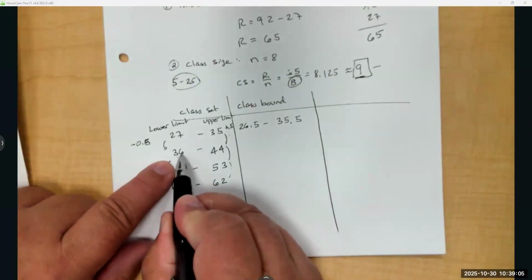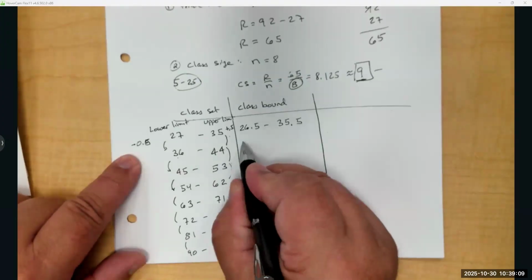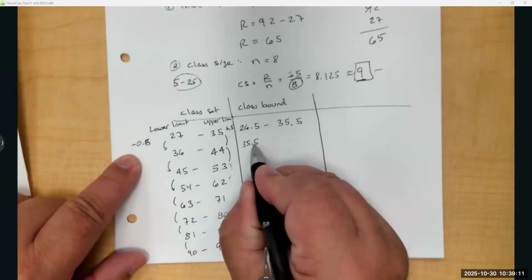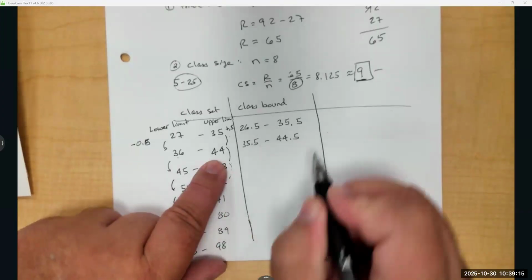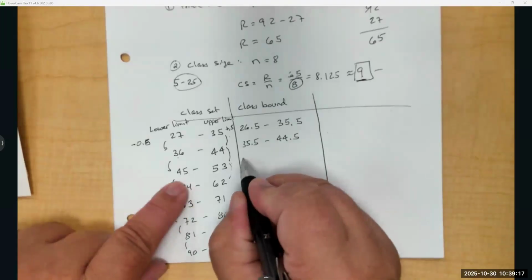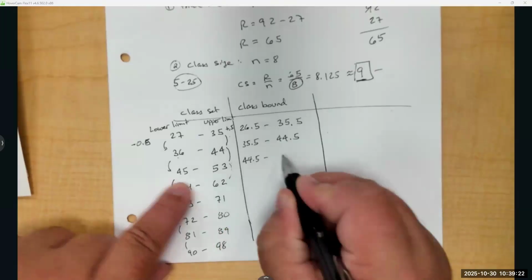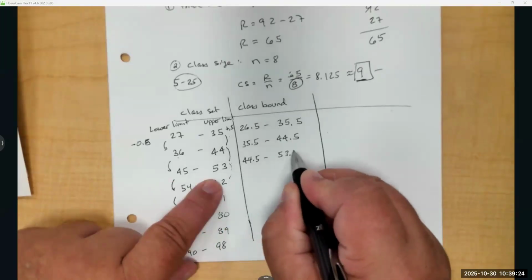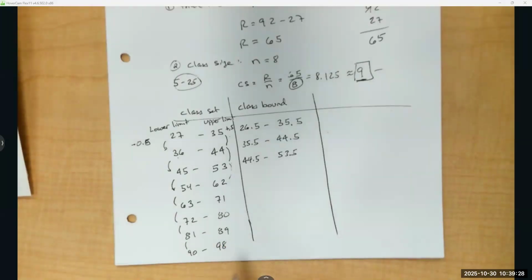So how about 36 minus 0.5 is 35.5, and the upper one is 44.5. Then this one is 45 minus 0.5 is 44.5 to 53.5. You see a pattern here?